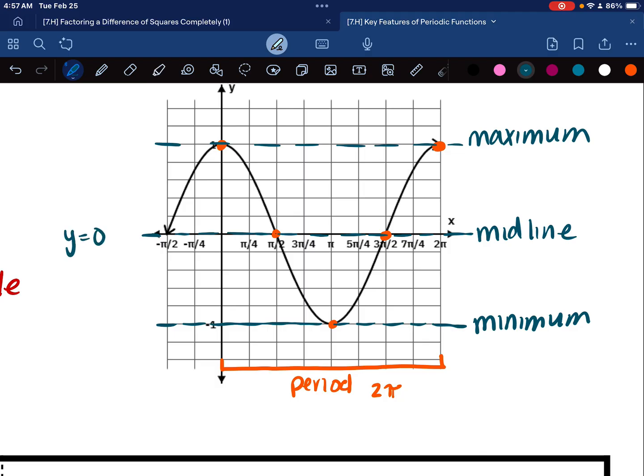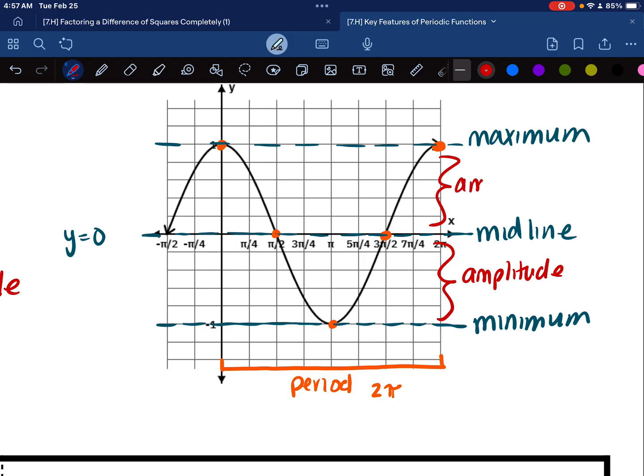But if you have a vertical translation, that'll change that. And if I label my amplitudes, these are both the amplitude. Traditionally, the amplitude is only 1. If it's on a unit circle, it comes up to here, which is 1.